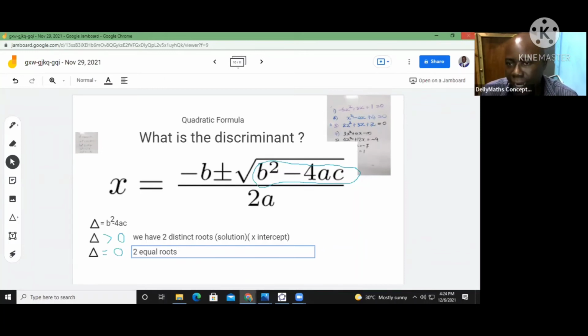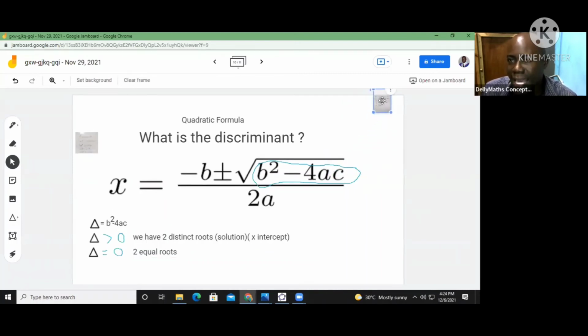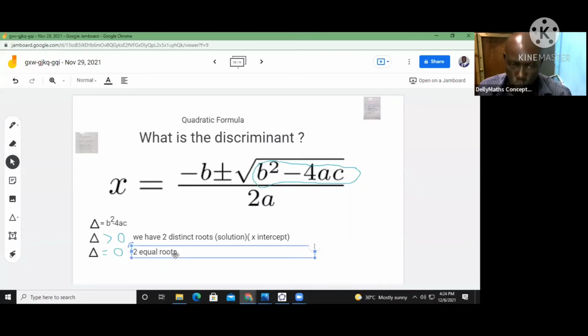When it happens like that, it is just because it did not cut through the x-axis. It's like it kissed it and turned back, like you just touch it and turn. It didn't go all the way through and come back up. So it's 2 equal roots, which means 1 solution, that's what we mean, 1 answer.